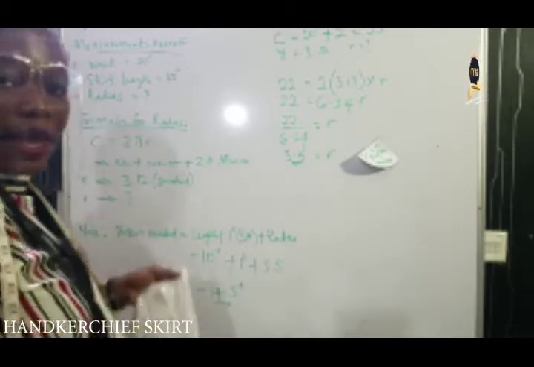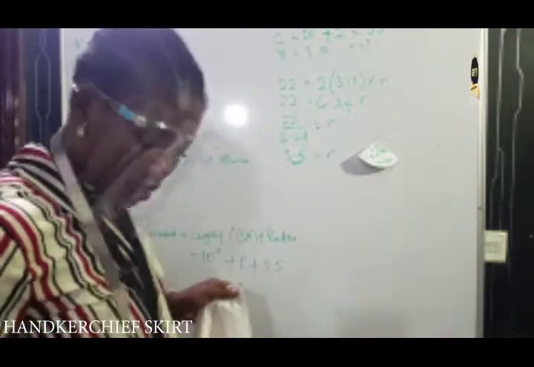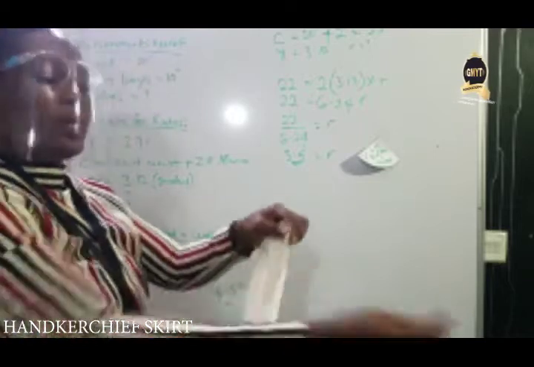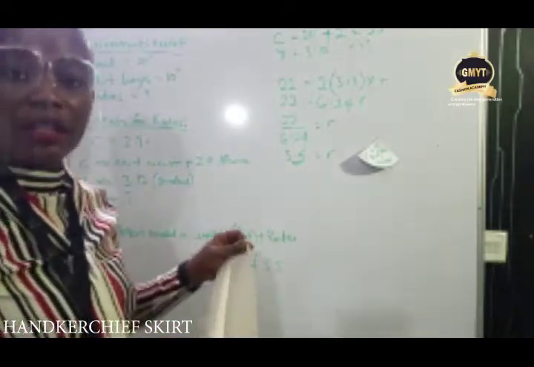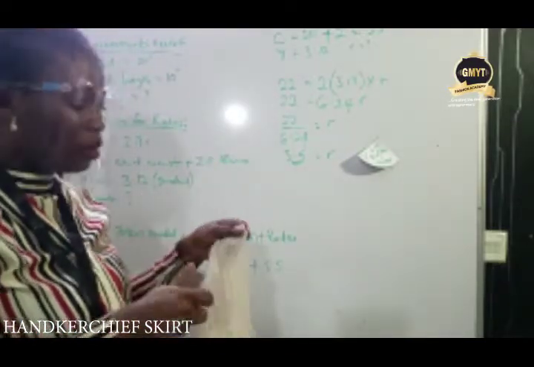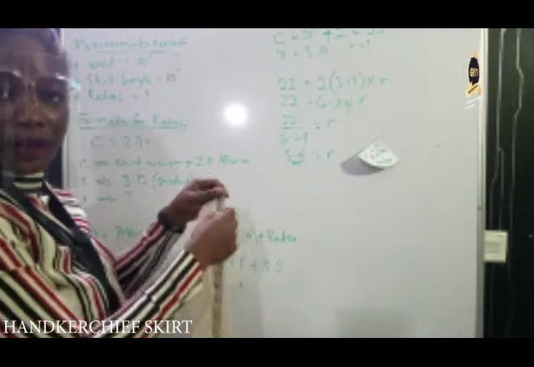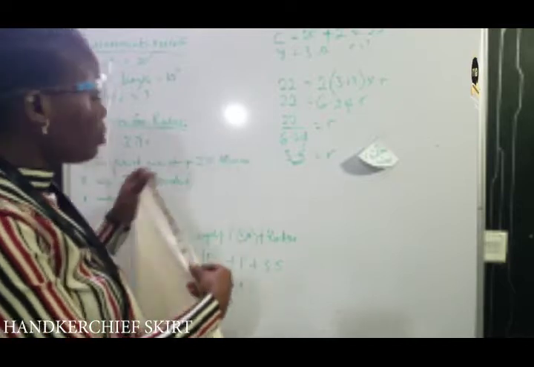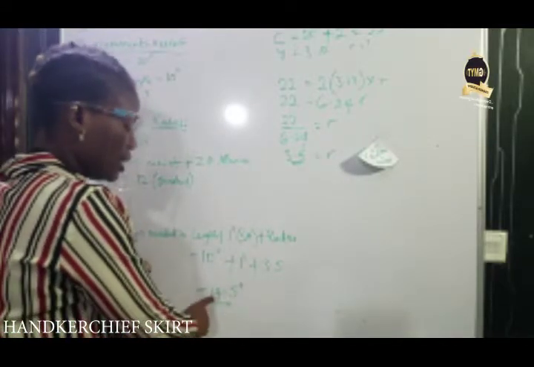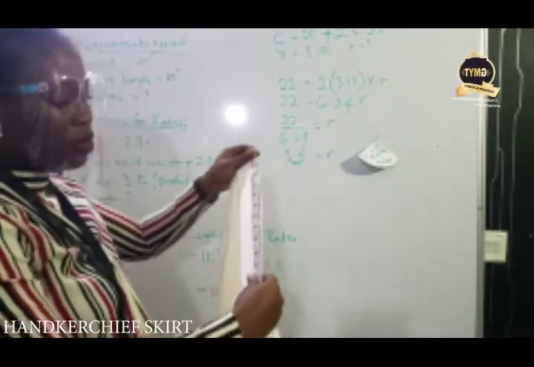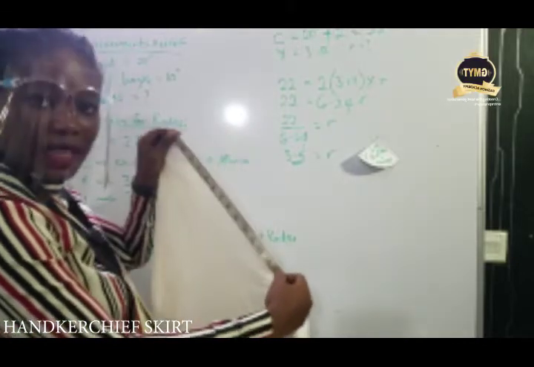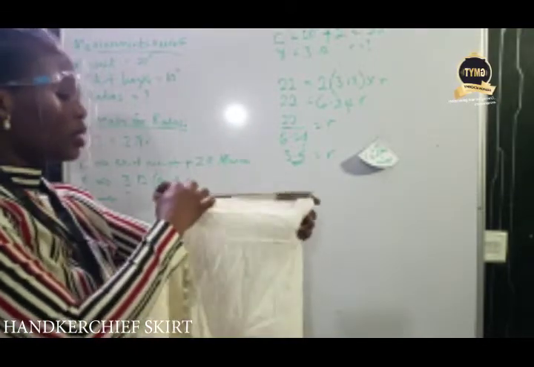So right now I have my fabric here, and what I'm going to do now is to fold my fabric into 4. So from the edge of my fabric here, I'm going to measure, you know, our total length is 14.5. So I'm going to measure 14.5 like this, fold it into 2.